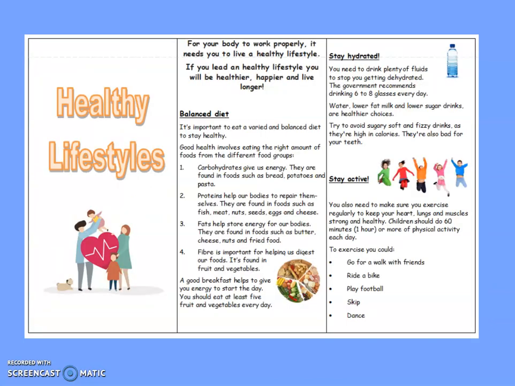And finally, yesterday, we looked at the example that I had written of a healthy lifestyles leaflet, and you started to create your own. You should have completed the title and picture, your introduction, and 3 subheadings and paragraphs.